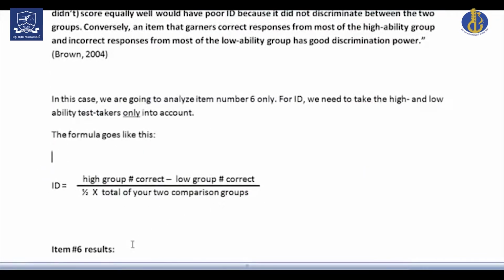ID equals the number of correct responses from the high group minus the number of correct responses from the low group, divided by half times the total number of the two comparison groups. If you want to, you can substitute this fraction by 0.5. That makes your understanding of the formula easier.